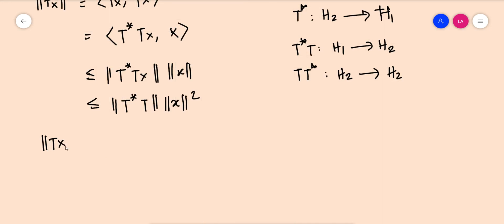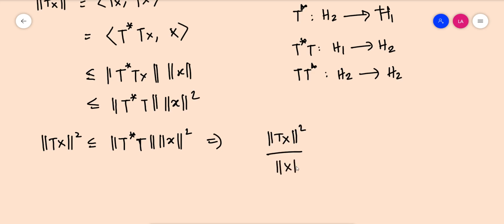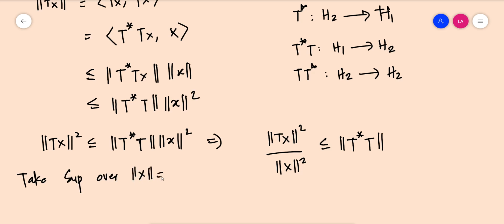So this implies norm tx the whole square should be less than or equal to norm t star t times norm x the whole square, from which we can write norm tx the whole square by norm x the whole square should be less than or equal to norm t star t. So we are taking the supremum over all x such that norm x is equal to 1.